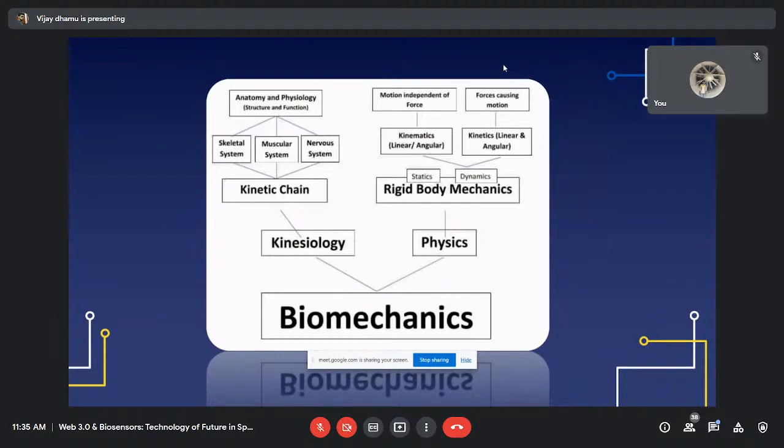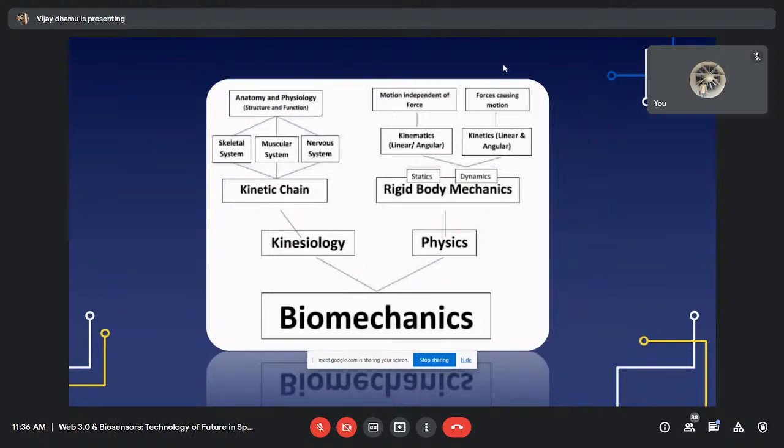But if we just focus on each joint as a rigid body, then it is common mechanics, like how mechanical engineers draw their free body diagrams. If we go through the kinesiology stream, then we study human movement via the kinetic chain.